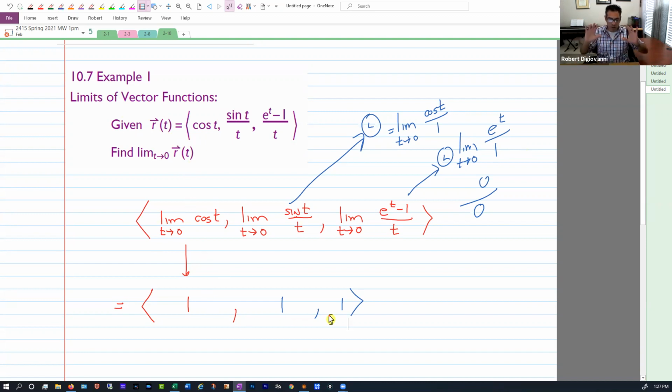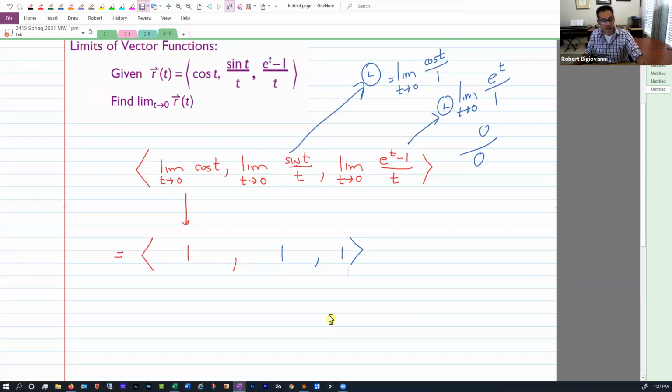Now let's just take a quick step back and understand what we're doing here. If I asked you right here at the beginning, hey, what is R of 0, everyone? What happens when you plug 0 into this vector function? These two components would be undefined. So this vector function is not defined at 0, but here's what we can tell you.